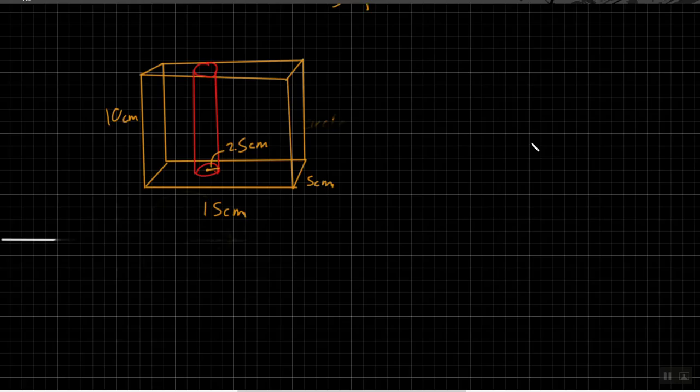Wait, do we put it in terms of pi still? No, multiply pi now. What are we rounding to?